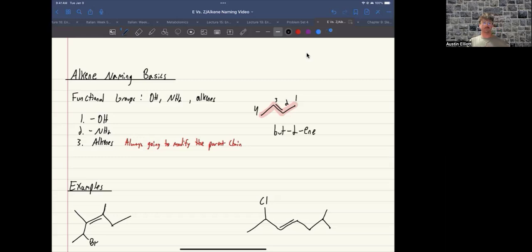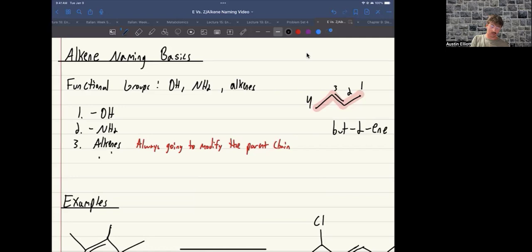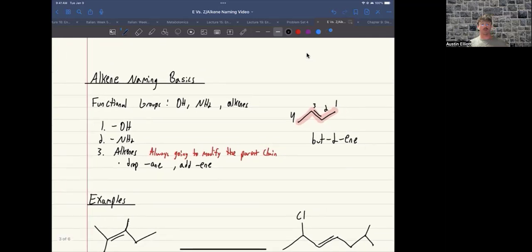And so for alkenes, we drop the A and E, add E and E. And now if we had a diene, then we would keep the A, and it would be like hepta-2,4-diene. But we'll do some examples kind of showing that a little bit later on.